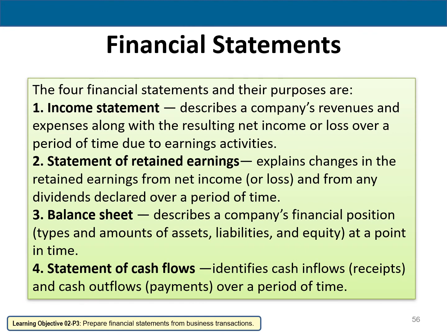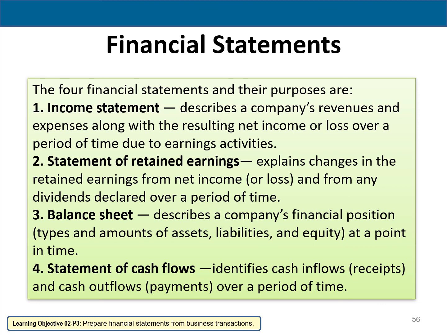So here's a better description of the four statements. The basic gist is that the income statement reports the company's revenue and expenses for a period of time. Revenue less expenses equals net income or net loss, depending upon which category is higher. The statement of retained earnings explains the changes in retained earnings from net income or loss over a period of time, net of any dividends that have been paid as well.